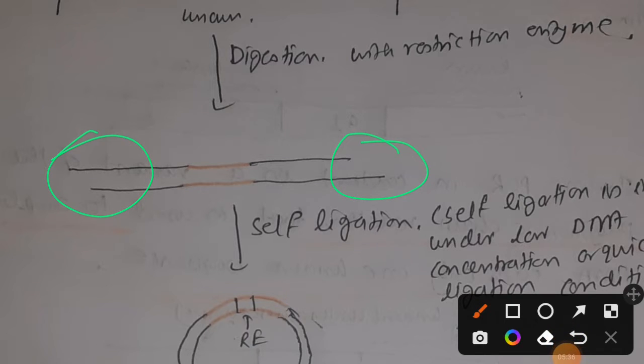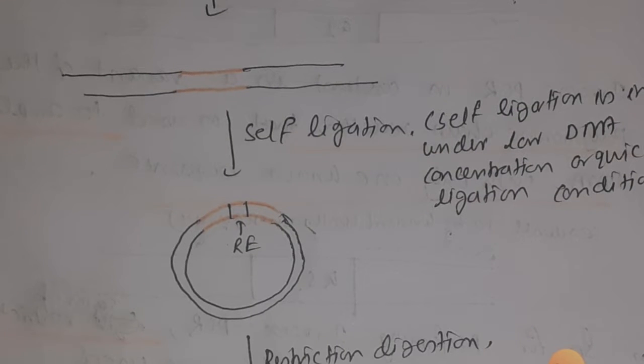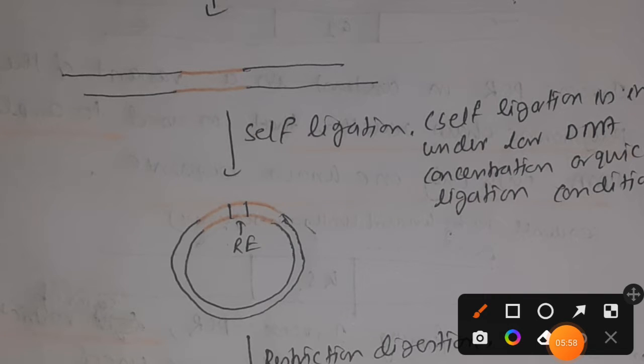Now you will perform ligation. There is a catch, because in the experiment we will not use only one DNA fragment, right? There are multiple DNA fragments. So why will they self ligate instead of ligating with one another? There are too many fragments present.